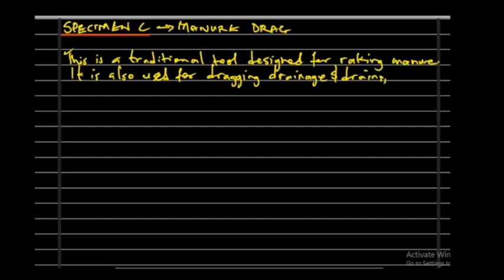It is also used for clearing ditches, canals, rivers and ponds. So this particular instrument is extensively used. It is not just secluded to the use of dragging or raking manure alone.